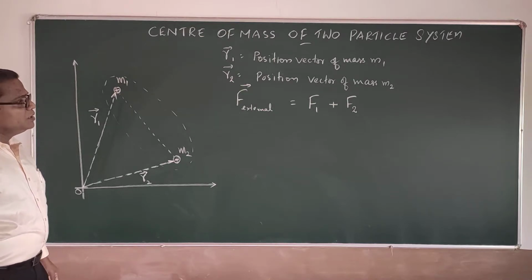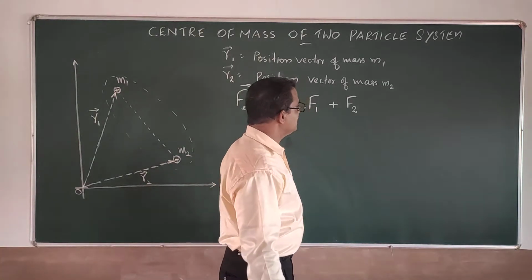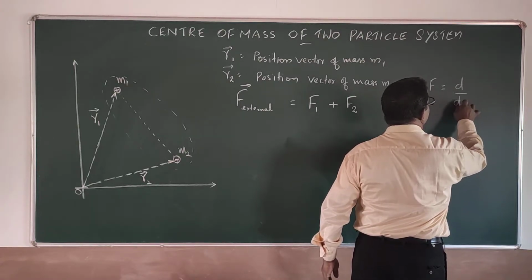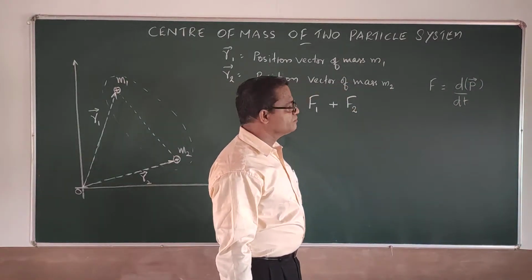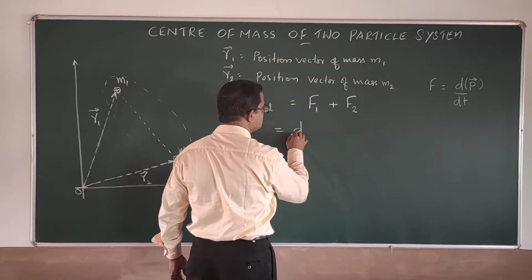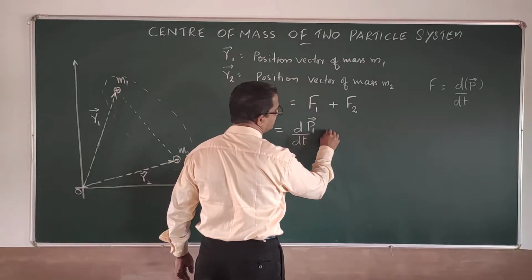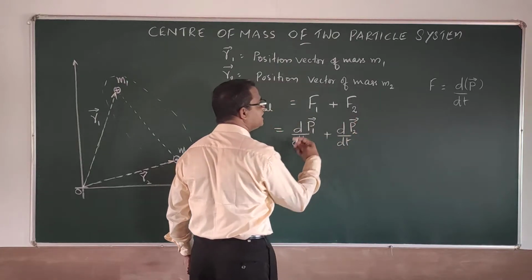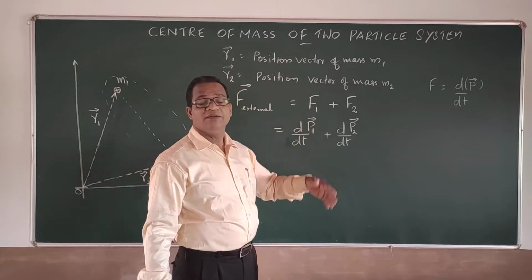Okay. Now at this point, we are taking Newton's second law, that force F is equal to rate of change of momentum of the particle. So I can take it as d by dt of p1 plus d by dt of p2, where p1 and p2 are the momenta of mass m1 and mass m2.